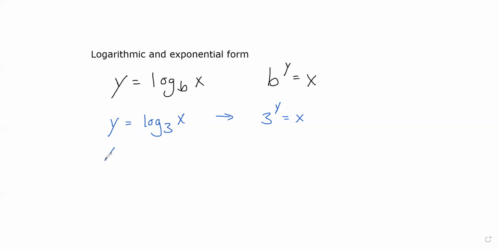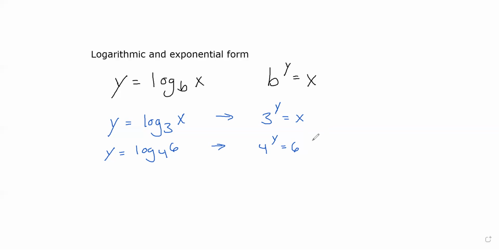So let me do another one. For example, I'll say y equals log base 4 of 6. In exponential form, that's going to be my base 4 to the power of y equals 6.